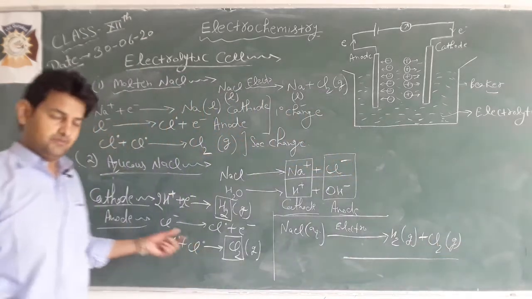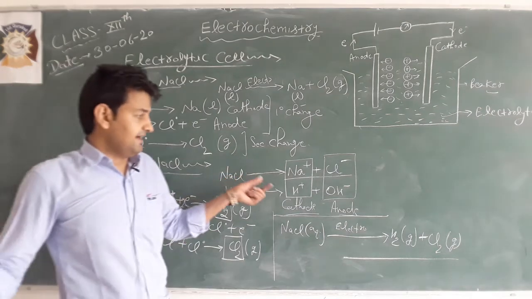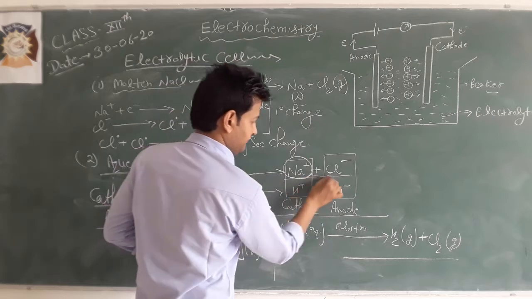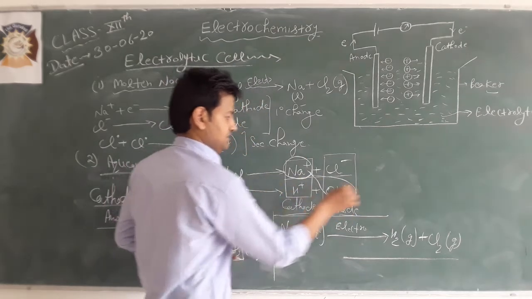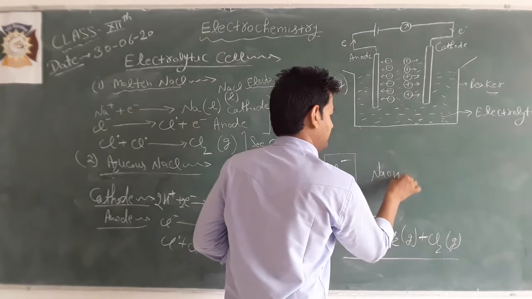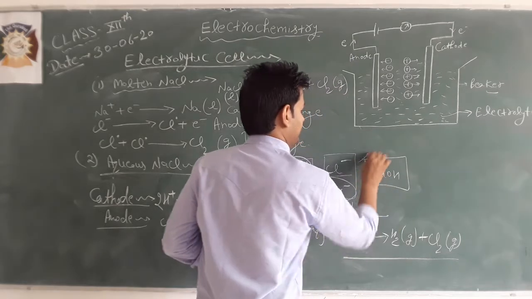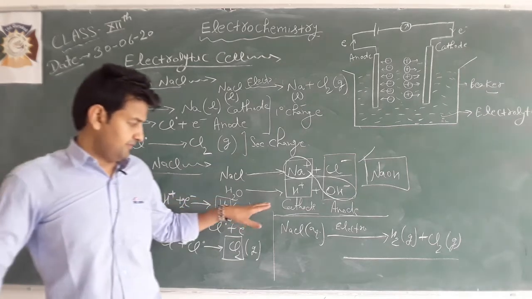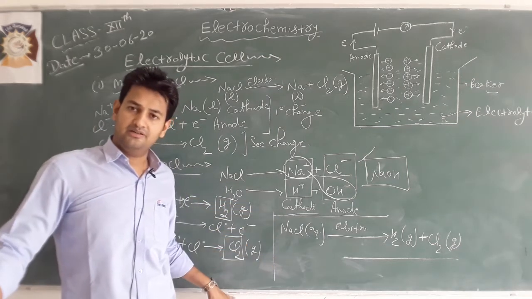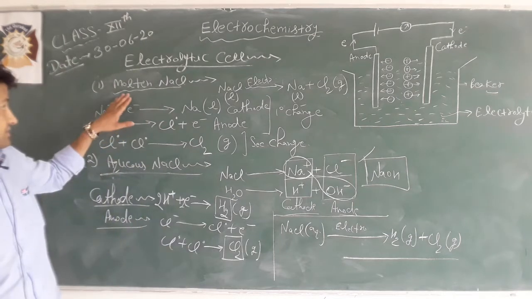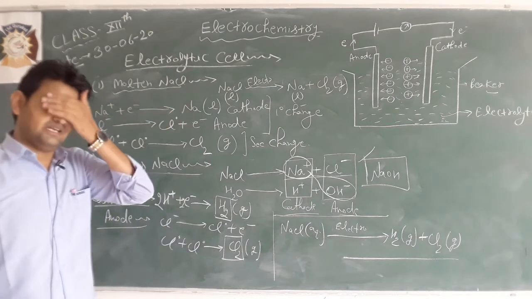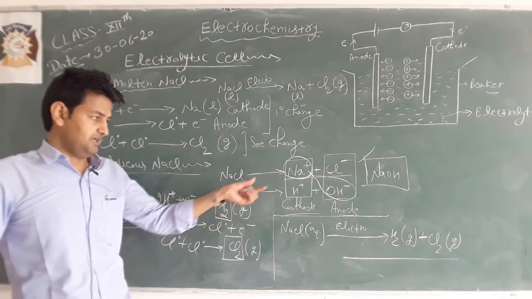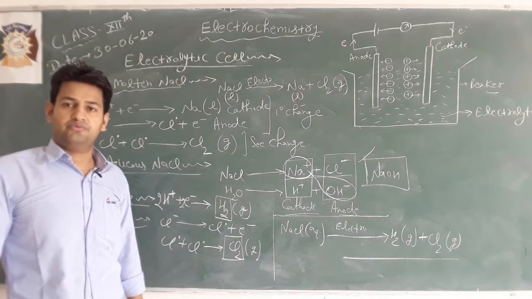In the electrolyte solution, Na is present, and OH is also present, so NaOH is present in the electrolytic solution. We can find out the electrolysis of any salt by using this. First is molten NaCl, before this lead bromide PbBr2, now aqueous. So discharge depends upon the discharge potential of the ion.